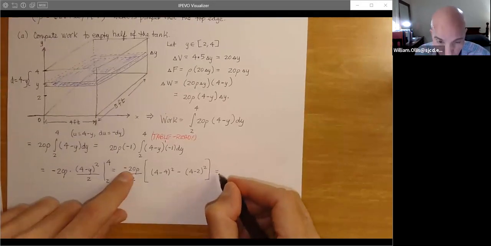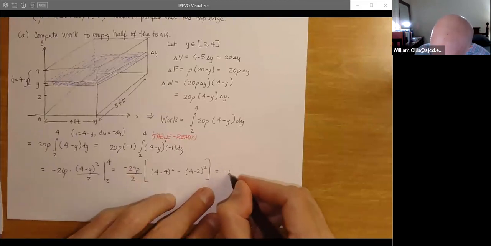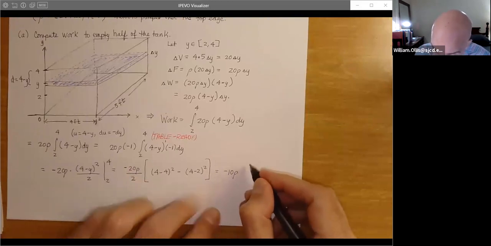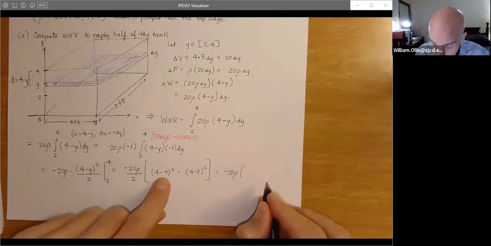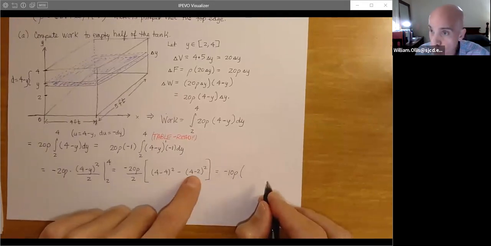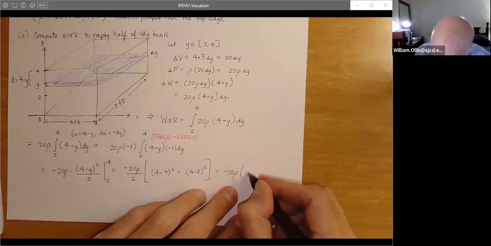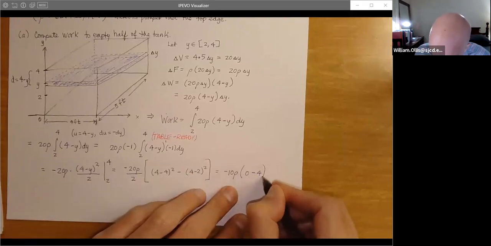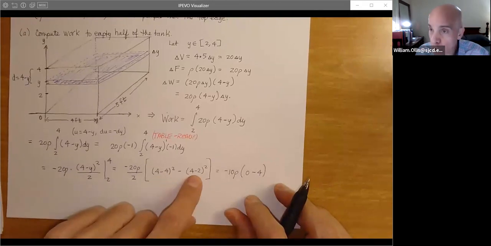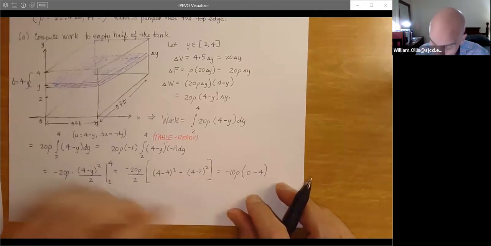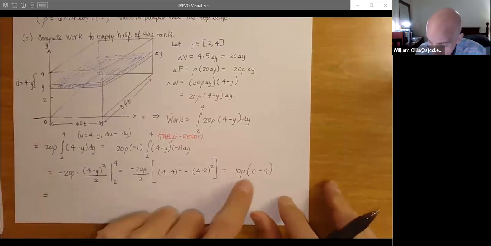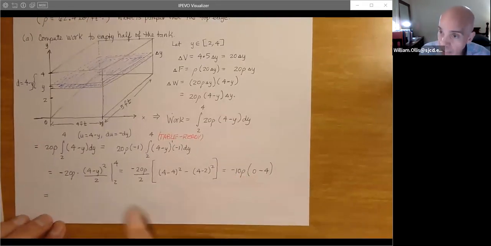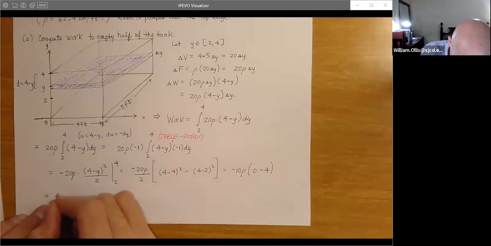So again, the 2 absorbs into the negative 20, so that gives us a negative 10 rho. And then, of course, here we get the 0 minus the 2 squared, which is a 4. So again, 0 minus 2 squared, 0 minus 4. And so now when we multiply, notice the negatives absorb and we get a 40 rho.